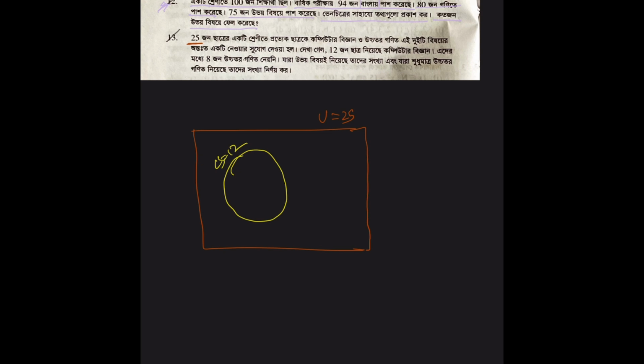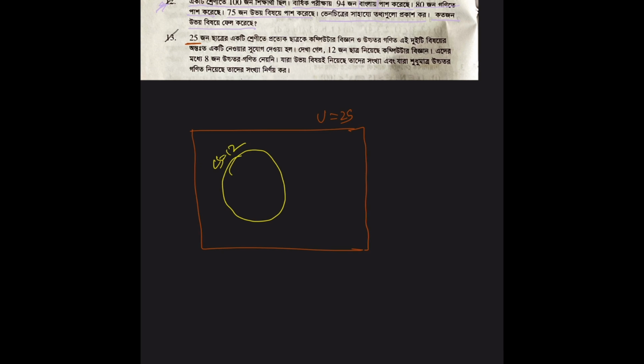Among these, 8 students didn't take higher mathematics, so they took only computer science. Let's say these students took higher mathematics, and these students took both subjects.